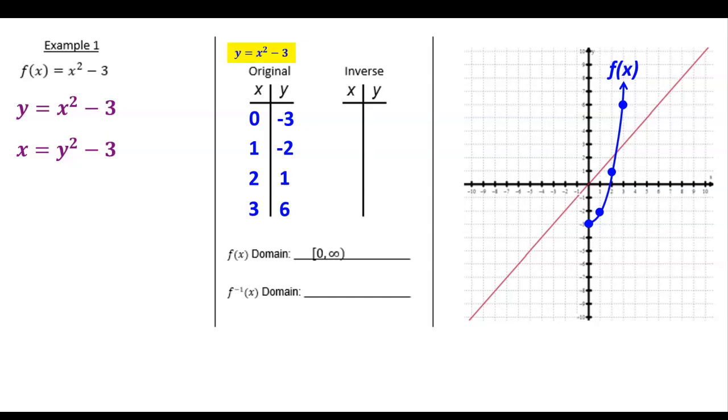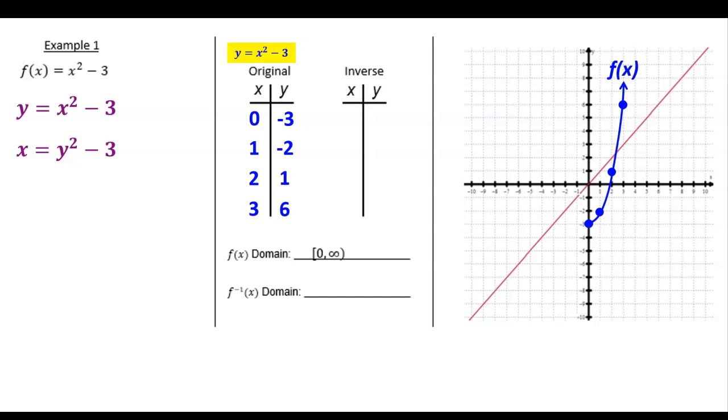Okay, now step 3 is what we did on our warm-up. Can you solve this for the letter y? We just did it on our warm-up, so hopefully we didn't forget that, okay? Let's think about this. If I want to solve for y, what do I need to get rid of first over here? The squared or the minus 3? Which one goes first? The minus 3, because that's the loner, okay?